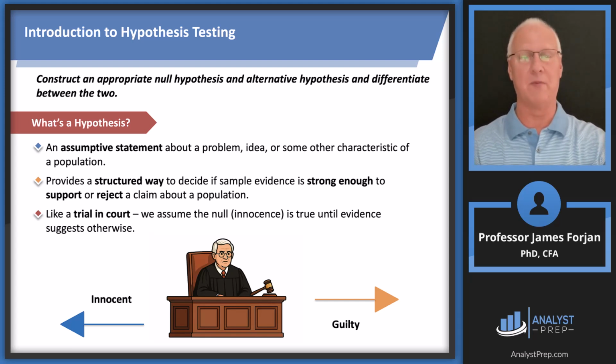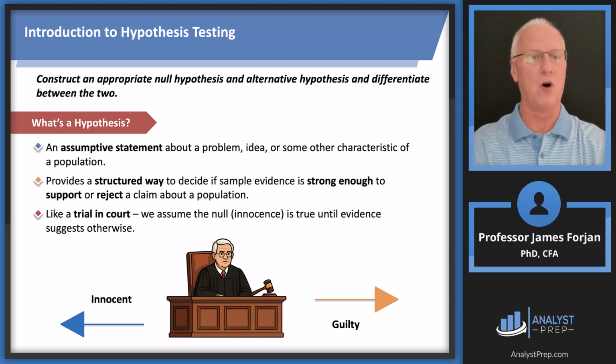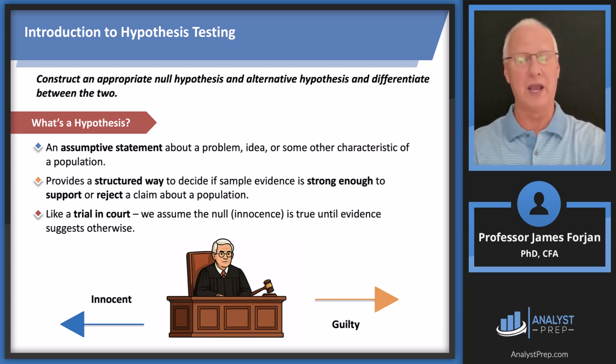A better example might be: here's the population of all NBA players in the history of the NBA. Here's a sample of one, Michael Jordan, and I'll say something like, Michael Jordan is no different than anybody else inside of the NBA. That would be our null hypothesis.